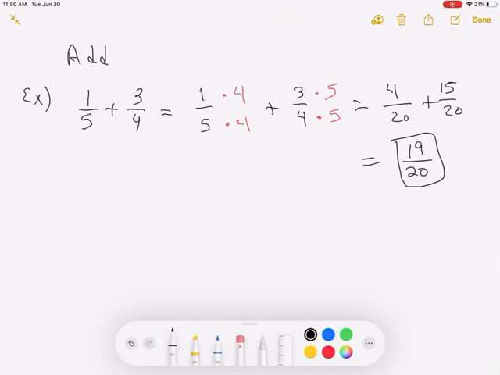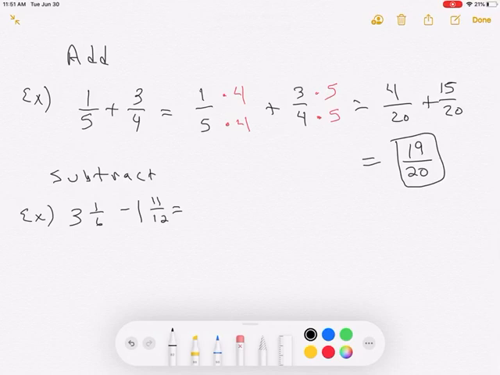Okay, the last thing that we're going to do is subtract fractions. Again, the idea is going to be very similar. We need to have the same denominators. All right, so how do we do this?